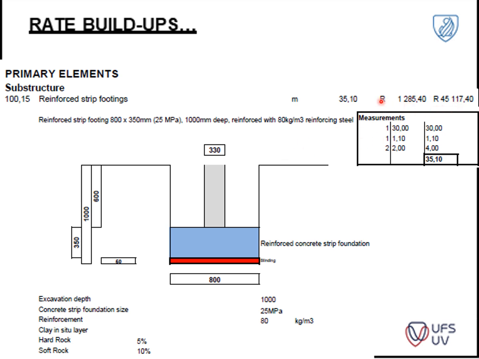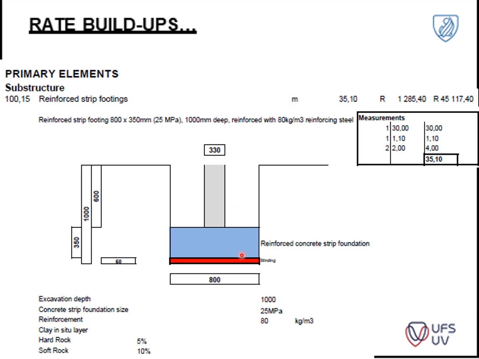Okay, but it's not that simple, because if you use your rates that you build up, you have a lot of items. So you've got your excavations, you've got your concrete, you've got your blinding, you've got your rip and compact, you've got your brickwork, you've got your backfill, etc., which is not given in a meter unit usually when you are measuring or when you retrieve the information.